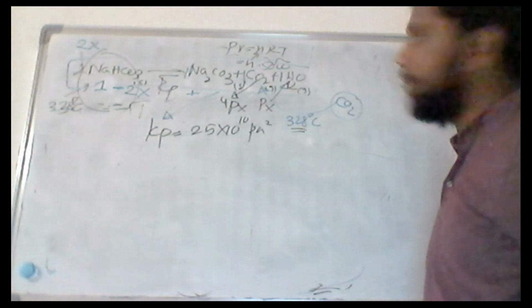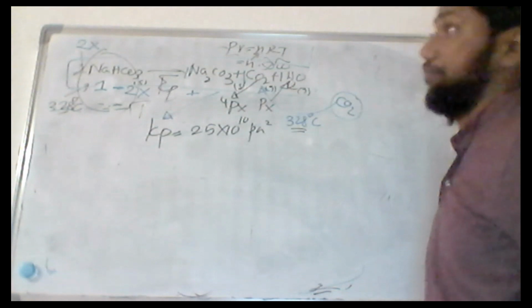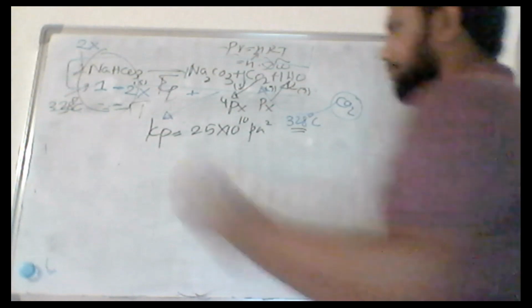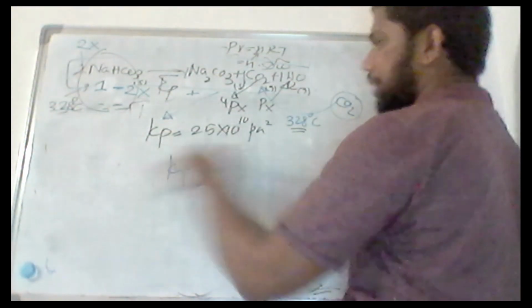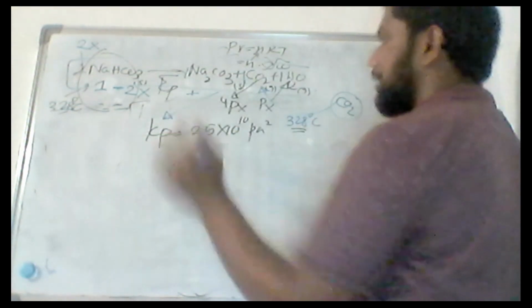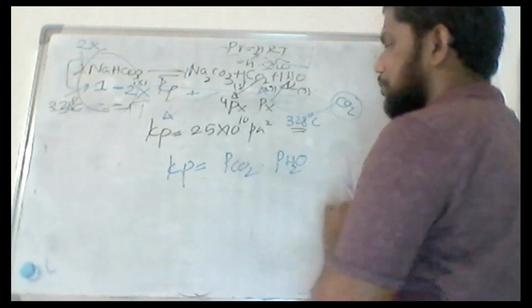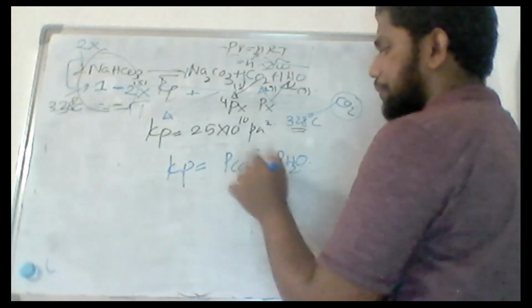So what you can see from this, straightforward, right? Because you have the Kp expression. So Kp is not going to change. That is the main advantage. If this is not changing, Kp equals PCO2 times PH2O. This is the expression, right?